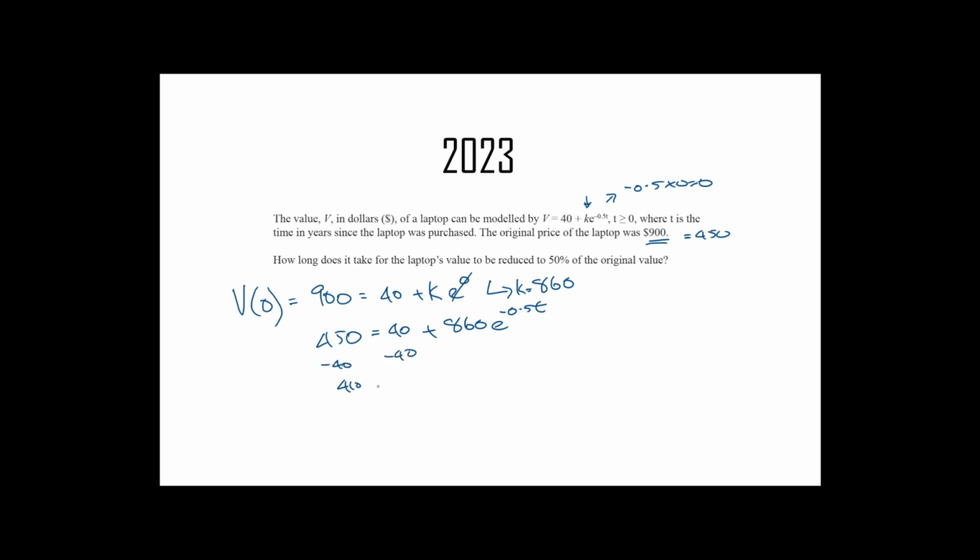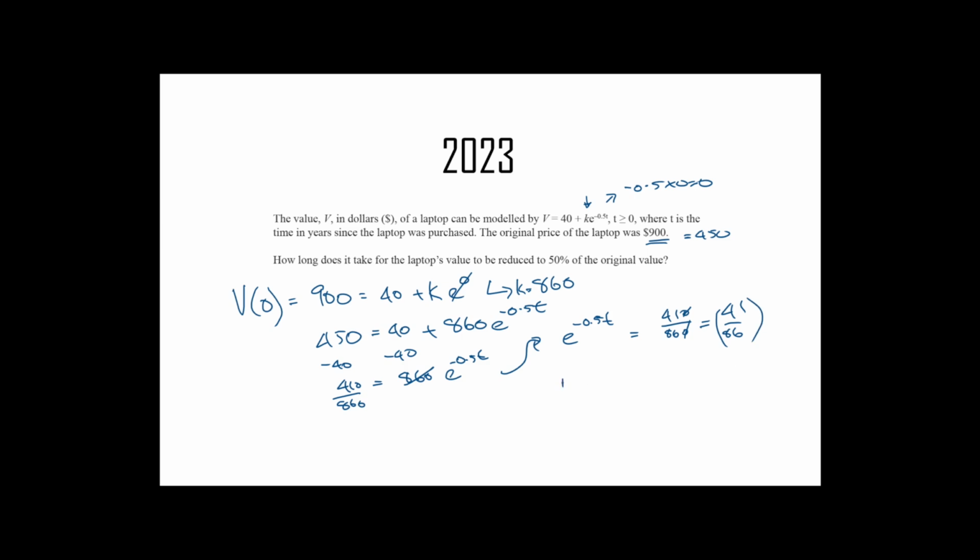So 410 equals 860 e to the negative 0.5 t, and let's divide both sides by 860. So e to the negative 0.5 t is going to be equal to 410 over 860, and you can cancel that as well, so that's equal to 41 over 86.